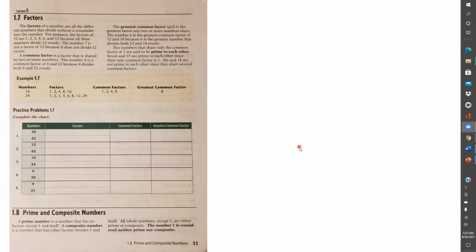So let's do a couple examples here for our notes. Let's go ahead and list this out as section 1.8, prime and composite numbers. And we'll put a couple definitions in. Again, just having it in your notes is always nice, so you can read back through it before a quiz or test.